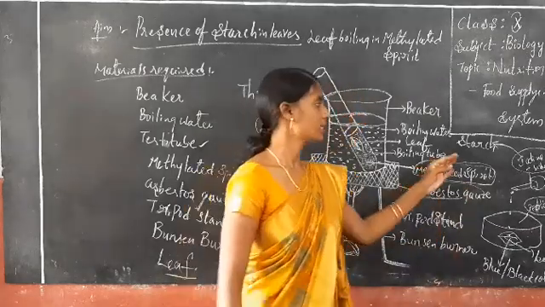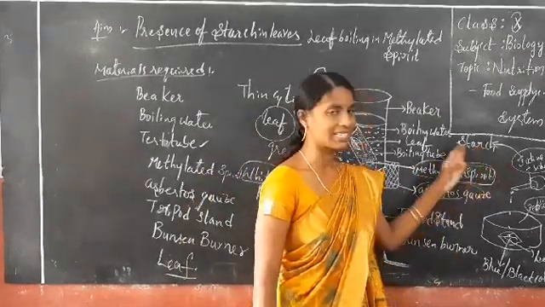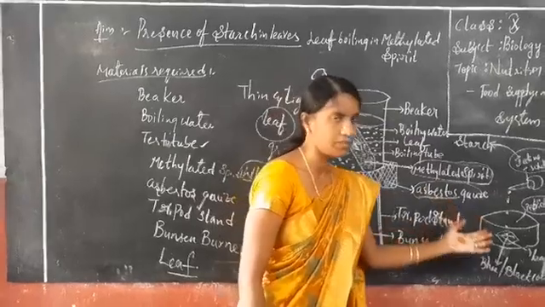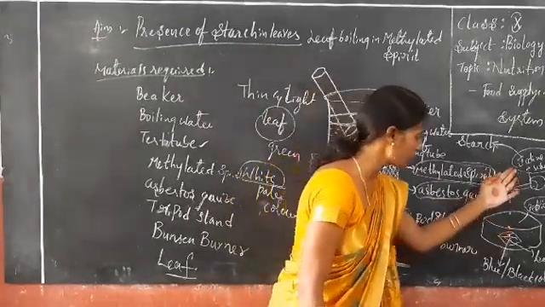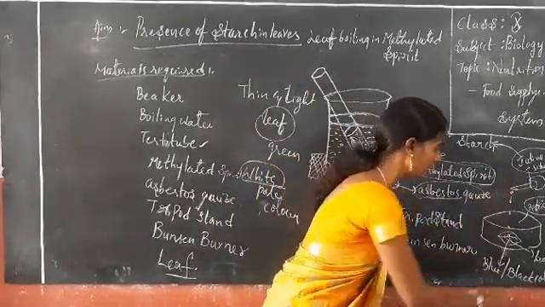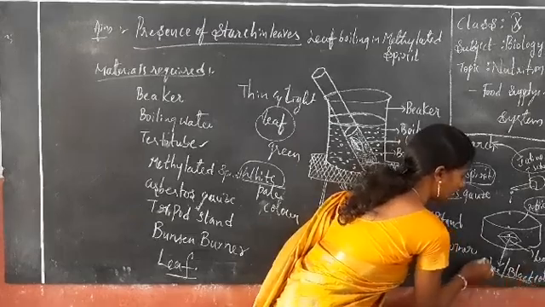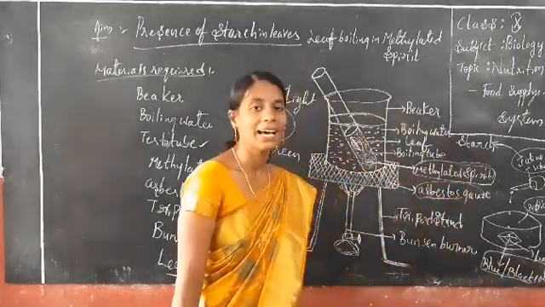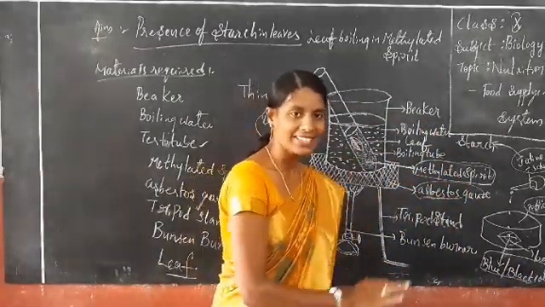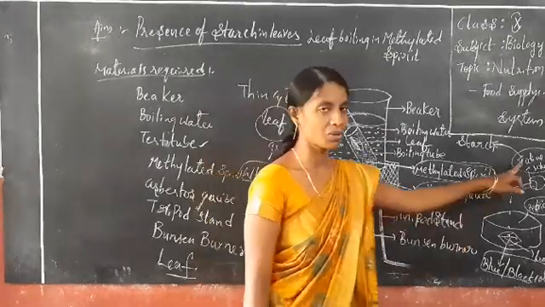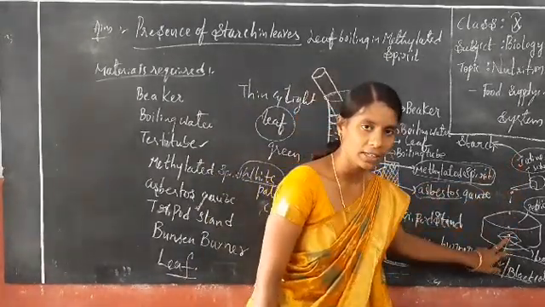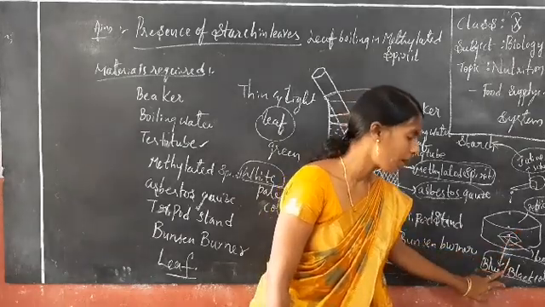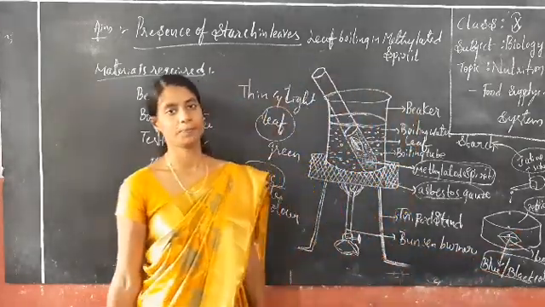Iodine is used to find out the starch present in the leaf. If you add the iodine solution, it turns blue or black. So what is the result? When tested with iodine solution, the leaf changes into blue or black color.